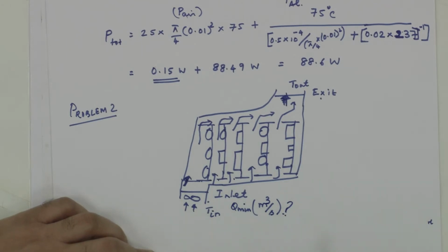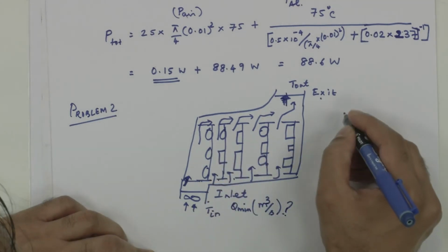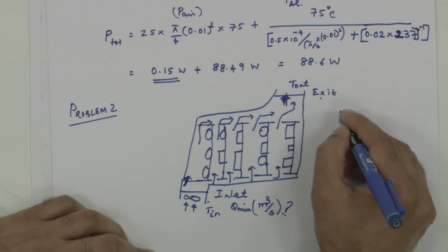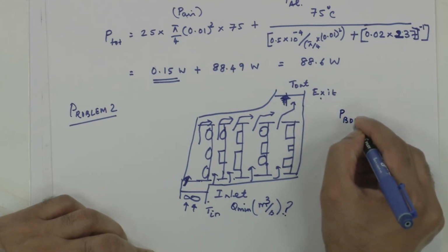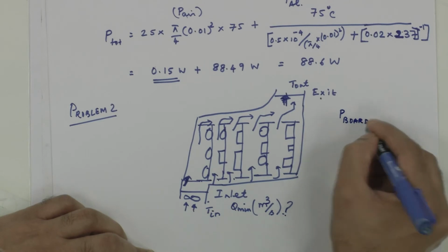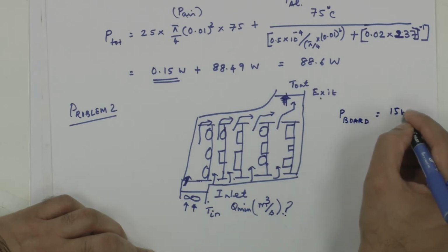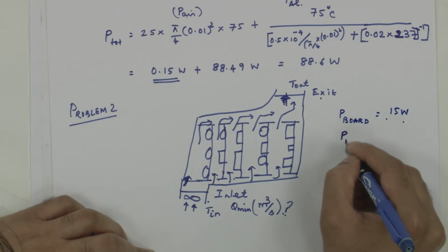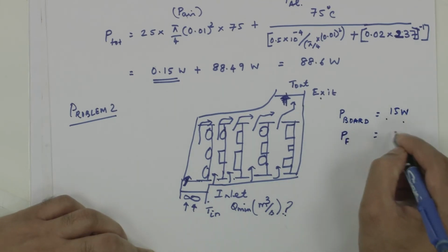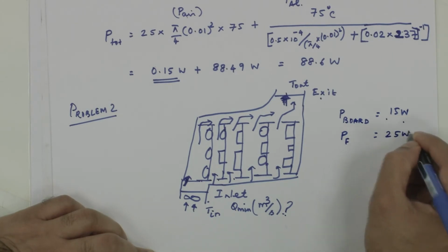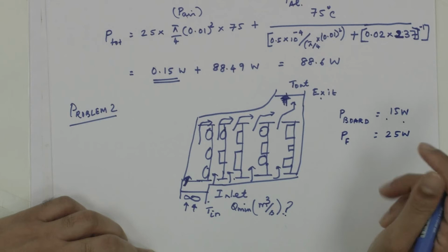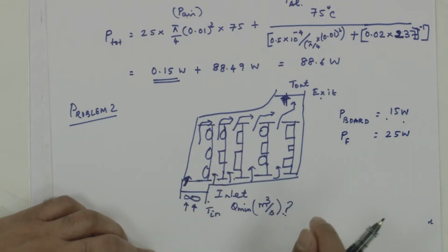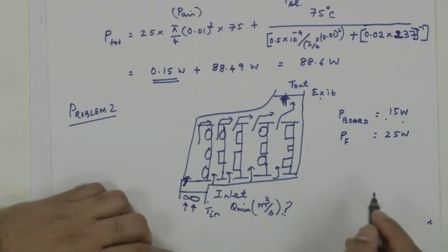We assume that each board is at 15 watts and the fan power is about 25 watts. We have air as a cooling medium.